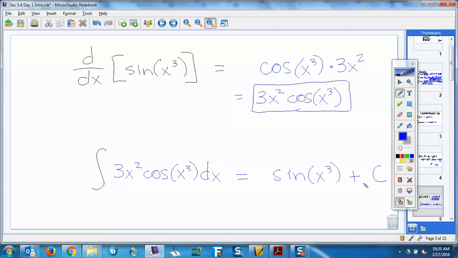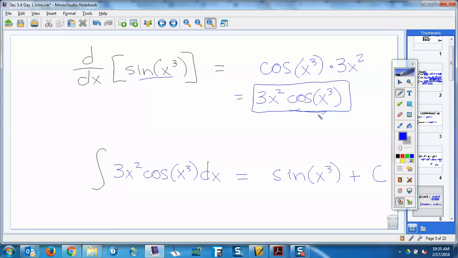Okay? Now, let me make a comment here. Derivatives, typically the function itself that you started with on the gateway test when we did derivatives was pretty simple, usually. But then the derivative was often messy. You remember that? A lot of times you start with a fairly simple function, and then your derivative, like quotient rule. Remember some of those quotient rule ones?